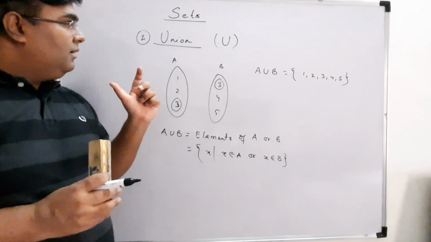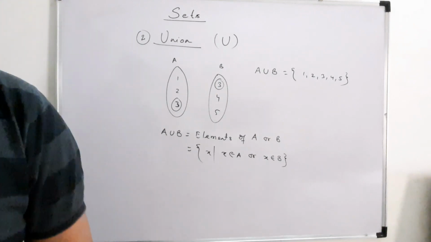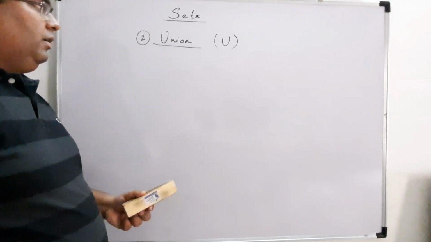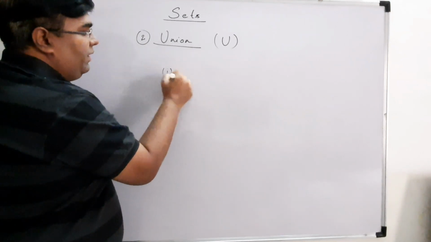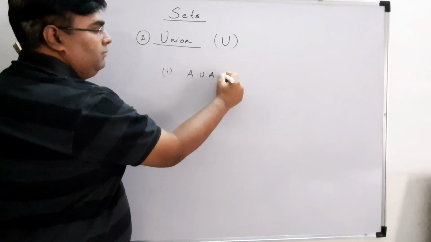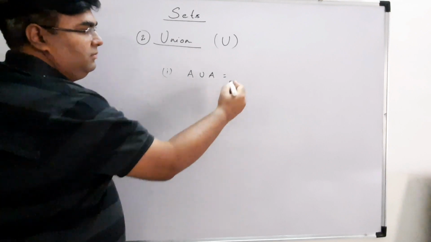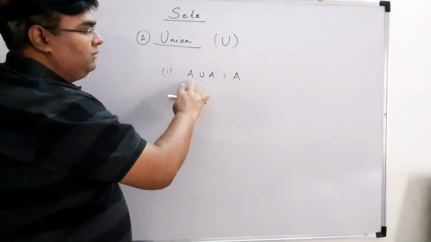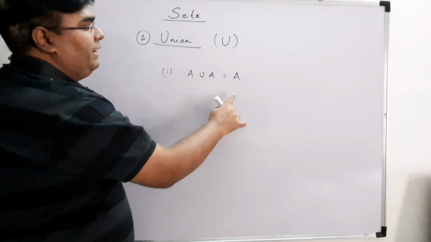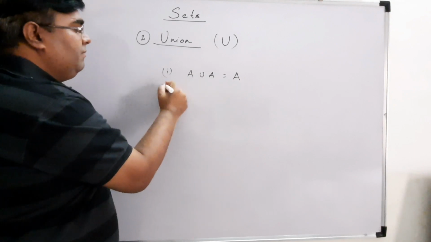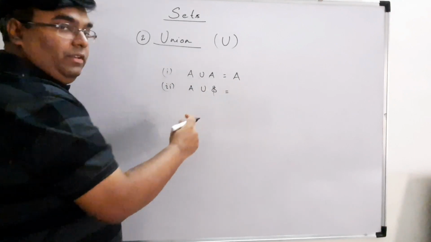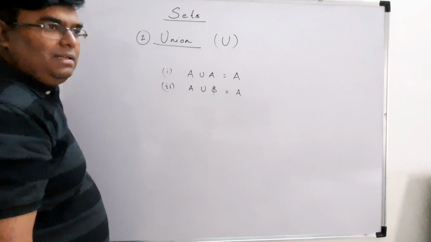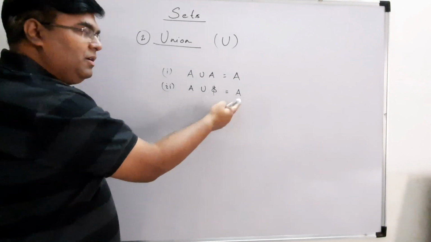Now we will again learn about the properties of union. The first property: A union A. If we take the same sets, we will get the same thing, because we cannot repeat the elements, so both sets are the same and we can write it as A. Second, with the null set, the empty set, we will get A. Since there is no element in the null set, you will write the elements of A only.